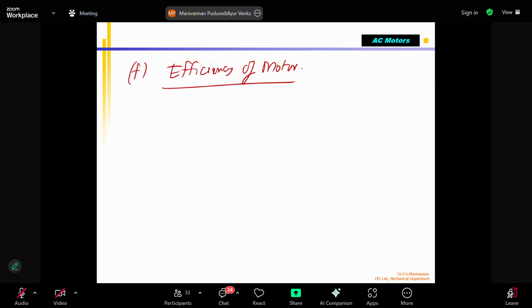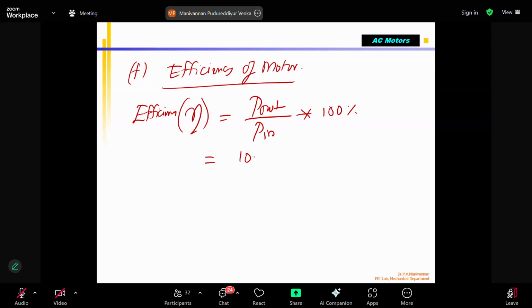Okay. So now the efficiency is eta. Efficiency generally term used is eta, you know that. Eta equal to P out divided by P in multiplied by 100. Generally mentioned as a percentage. So that means 10,485 divided by 12,530 input power, multiplied by 100.